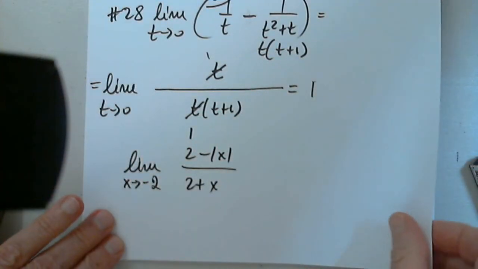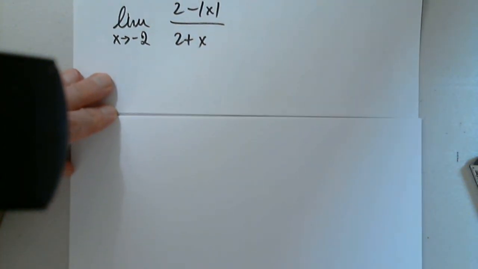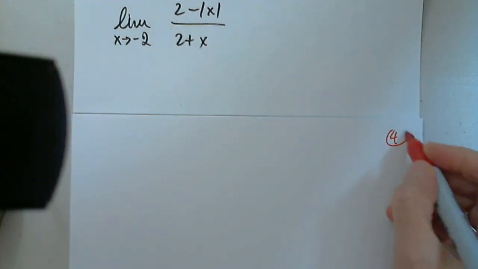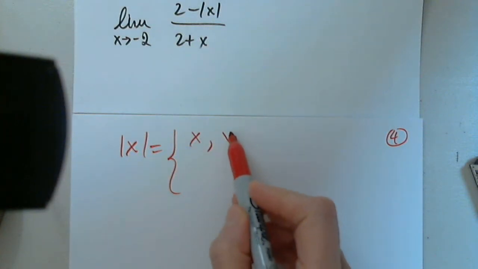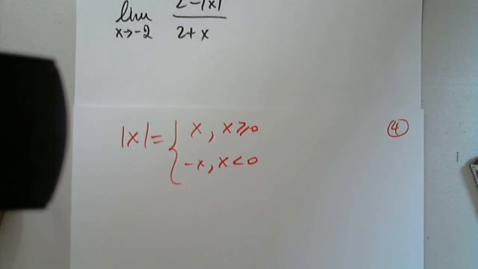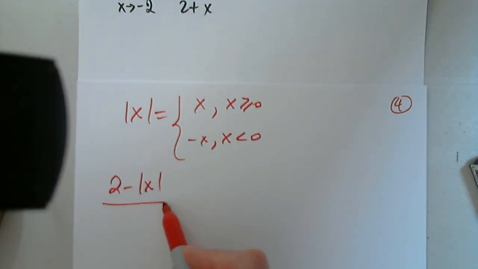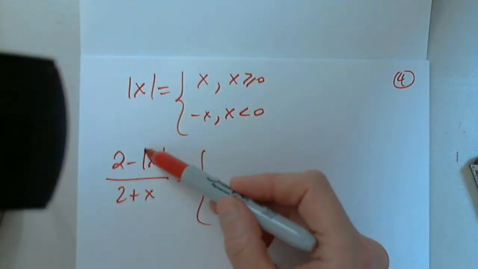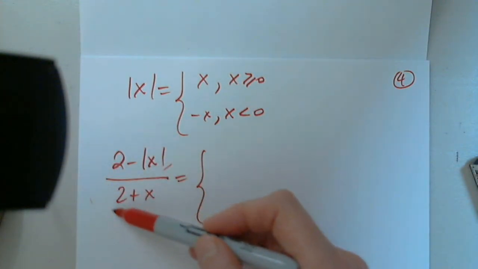I start with the absolute value of x. And I know from last time that this is x for x greater or equal to 0, negative x for x less than 0. But what I'm interested in is 2 minus the absolute value of x over 2 plus x. Because this piece has two options, this piece will have two options.